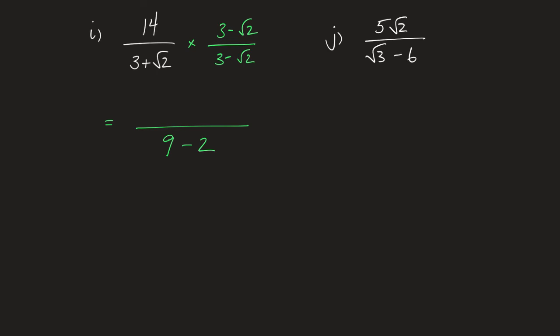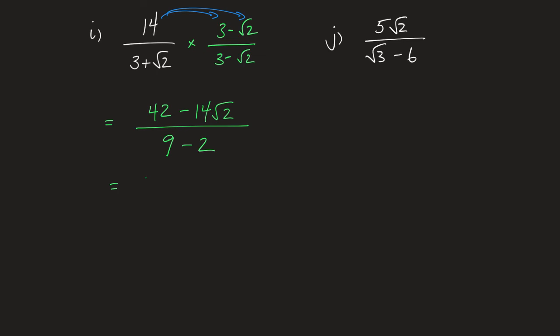Just watch out and make sure that we have a minus in between. Notice if I am multiplying by conjugates, then my last terms will be different signs. So that means I need to subtract. On top, I can just expand that in like normal. Okay, so I get my 3 times 14, which is 42, minus 14 root 2.